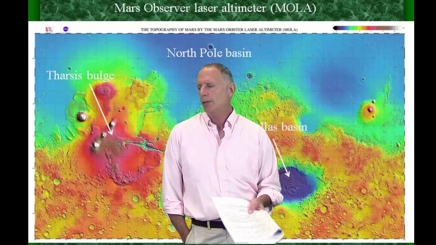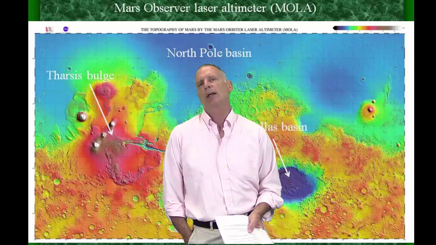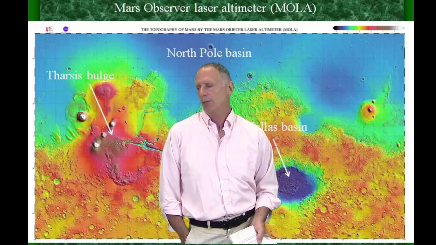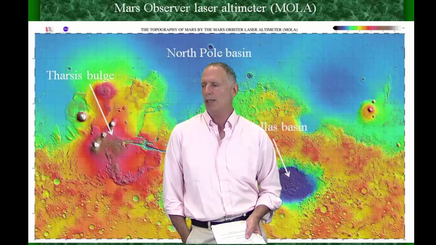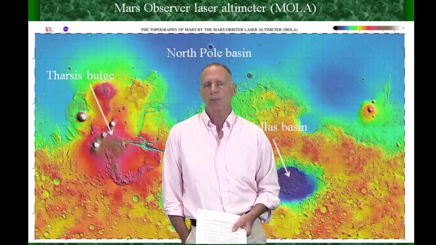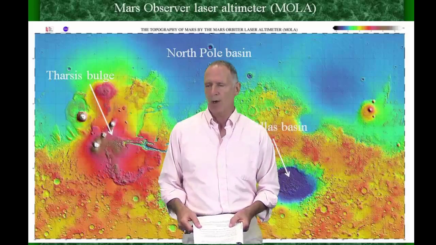So I would conclude from this then that the groundwater produced enough water probably to form that North Pole Basin ocean, if you will, and it wouldn't surprise me if we had an ocean sitting on Mars, maybe an ice ocean, if you will.